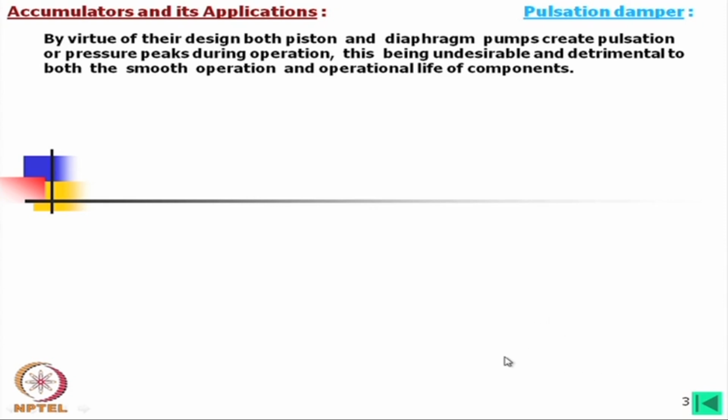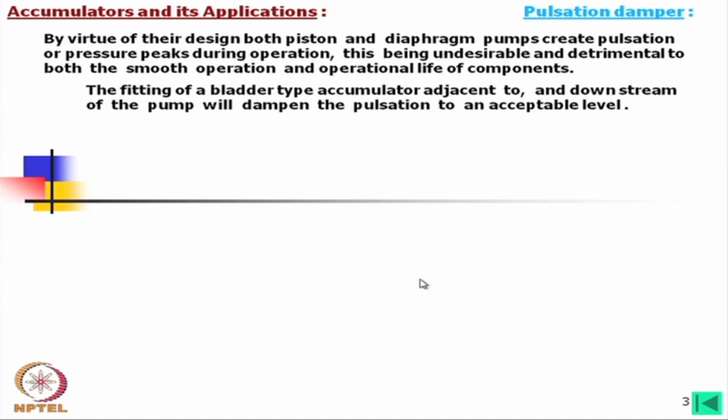We have learned that if there is a pulsation, a ripple, then performance-wise it is not desired, and it will also affect the life of the components. The fitting of a bladder type accumulator adjacent to and downstream of the pump will dampen the pulsation to an acceptable level.